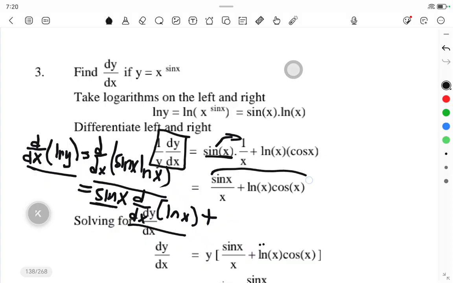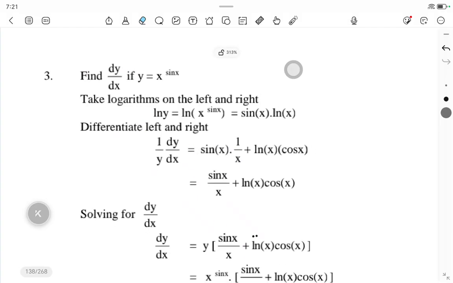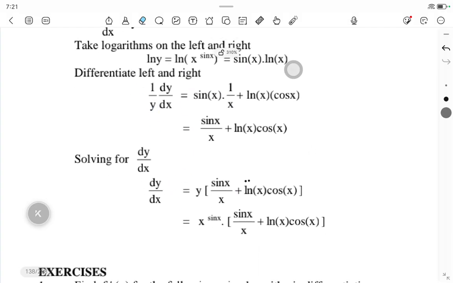Then I multiply both sides by y to find dy over dx, which is what they did here. We are applying the same procedure for all. Multiplying by y on both sides, this 1 over y goes, and we know what y is: y is x to the sine x, so we can directly substitute that. Then this will be the final answer.